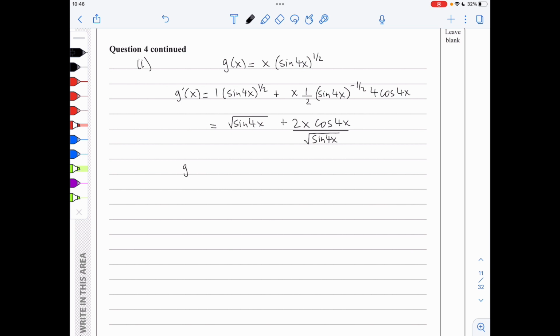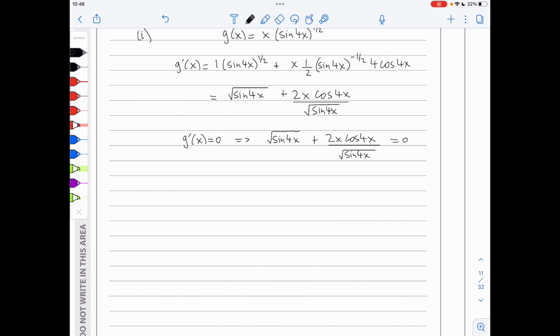So I want g dash of x to be 0 as I'm looking at the maximum point, which means that the square root of sine 4x plus 2x cos of 4x over the square root of sine 4x must be 0. And I will multiply throughout by the root of sine 4x to get rid of the denominator.